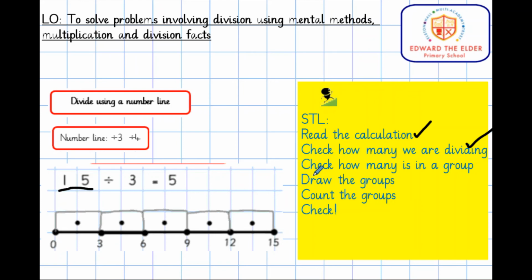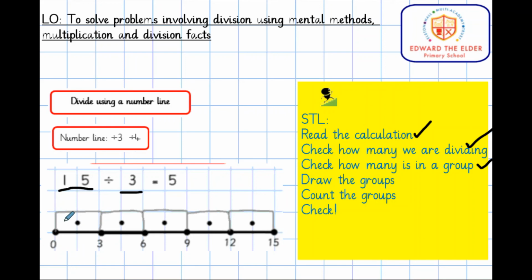Check how many is in a group. We are making groups of 3. Draw the groups. We need to draw groups of 3 until we get to 15 on the number line.